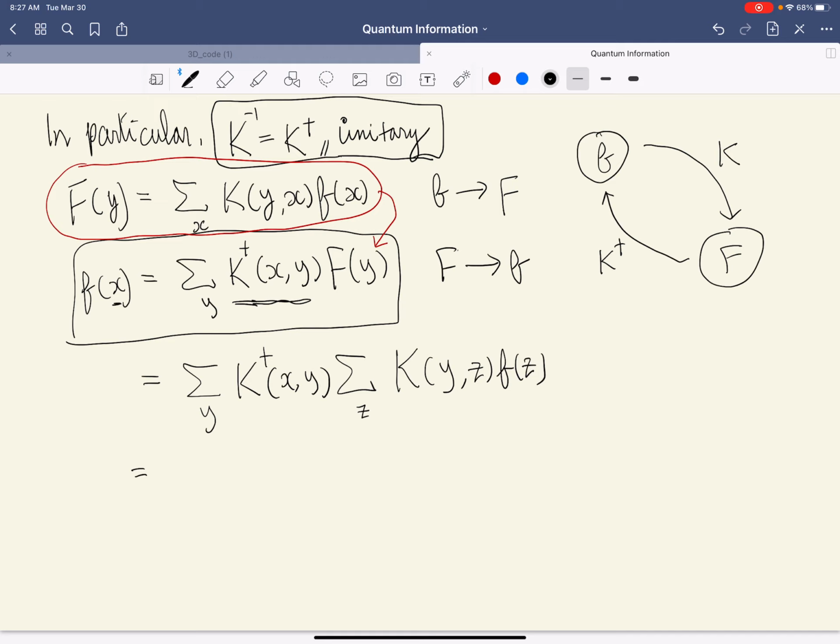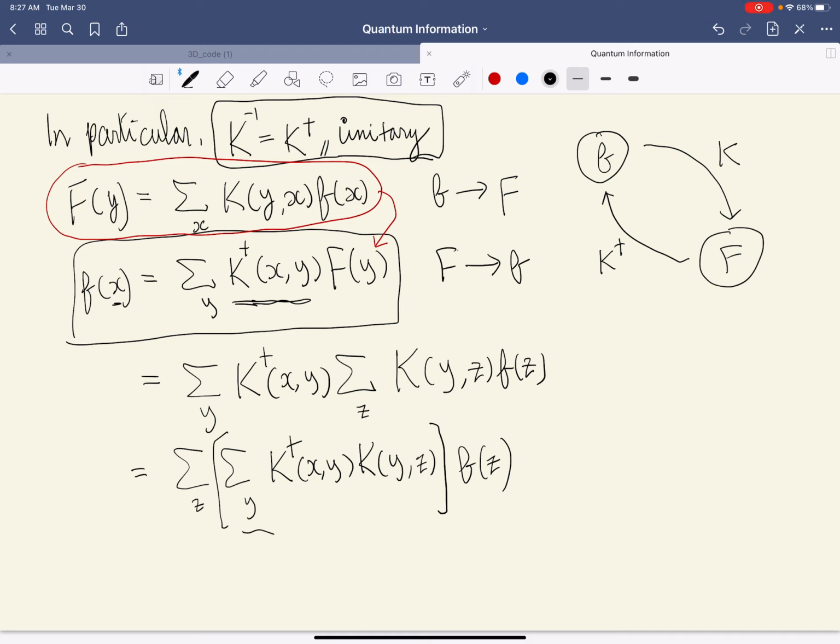Okay. And I can rearrange the summation procedure.